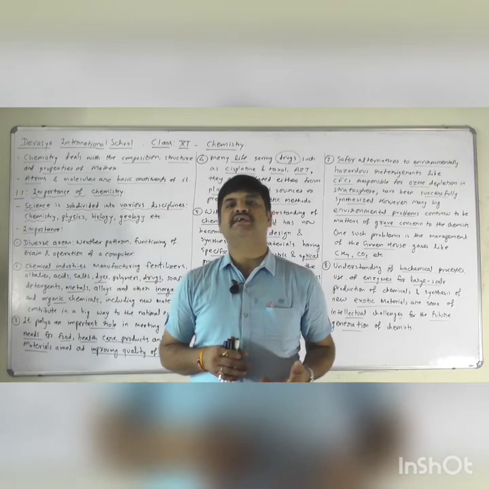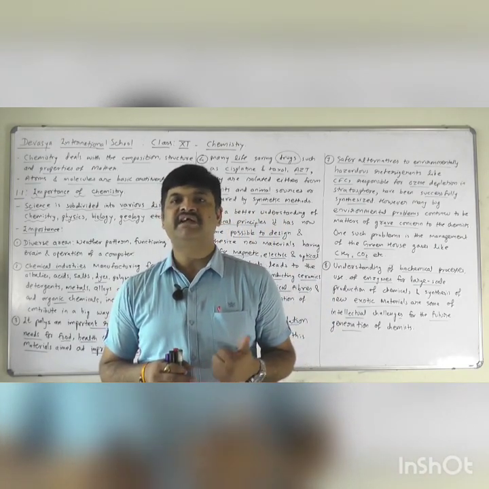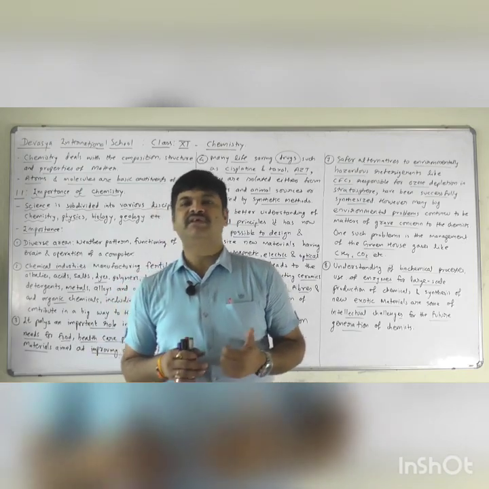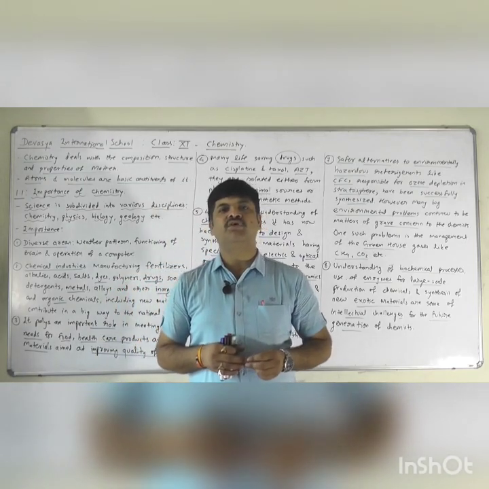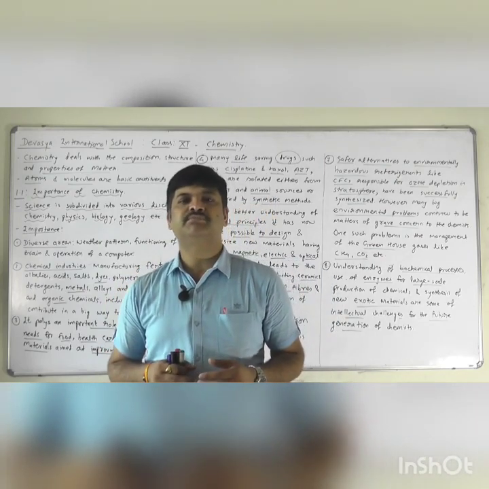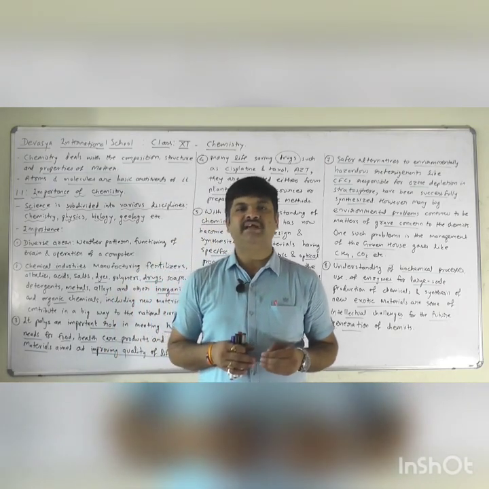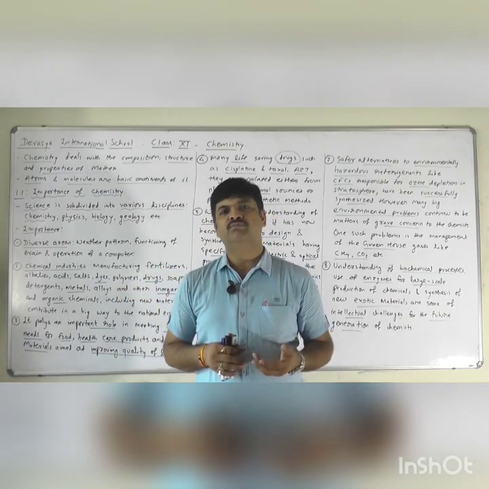So what is chemistry? Chemistry is a branch of science which we discuss with the help of atom, element and molecule. Again I am repeating, chemistry is a branch of science which we discuss with the help of atom, element and molecule.